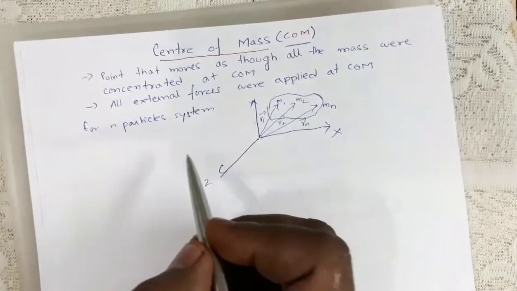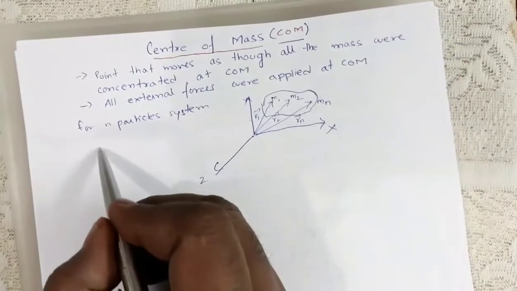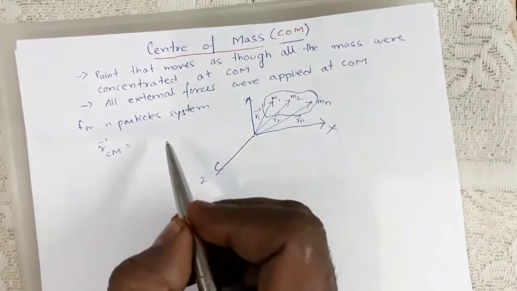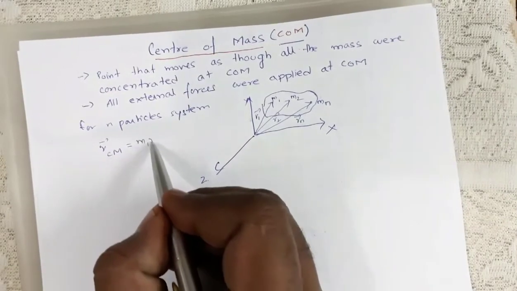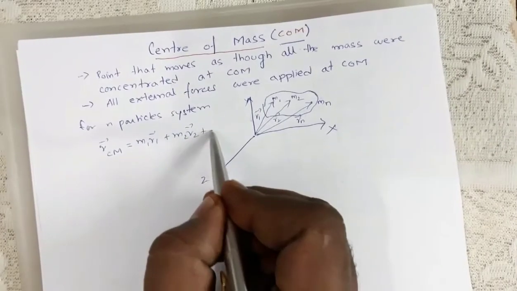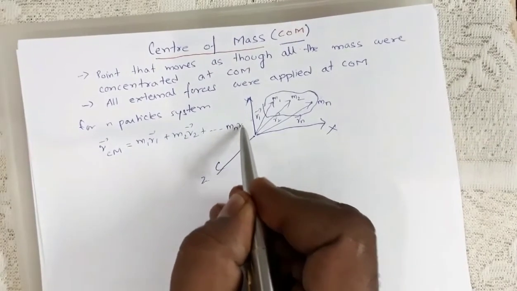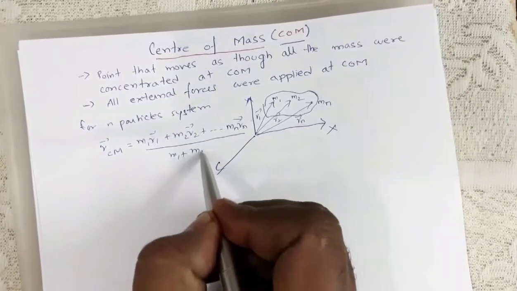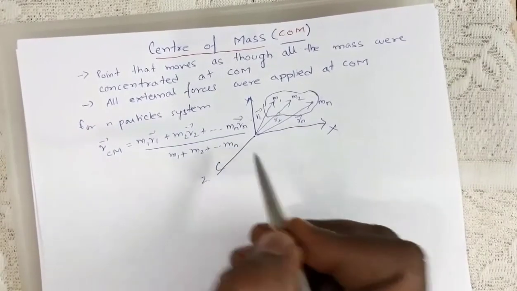Then the position vector of the center of mass is given by m1 r1 plus m2 r2 and so on, mn rn, divided by m1 plus m2 plus and so on mn.